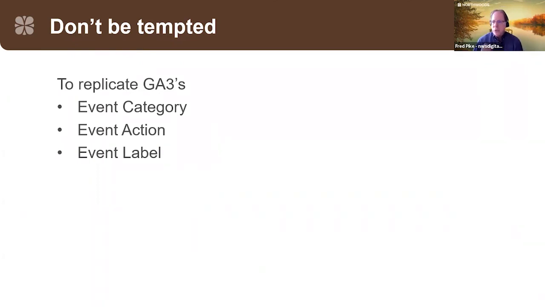So take the time to really think about what events and what parameters you want to track. You have, again, up to 25 parameters to describe that event. Make use of them, not all 25 probably, but use them judiciously. Make the events that you create and the parameters that you're using make a lot of sense on your website. Don't recreate the stuff that you had on GA3.